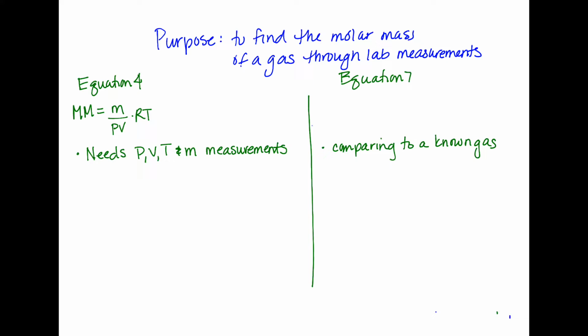Equation 7 says that the ratio of molar masses between a known gas and an unknown gas, so mm is molar mass, is equal to the ratio of their measured masses. So little m here is the mass on a scale that we would measure.